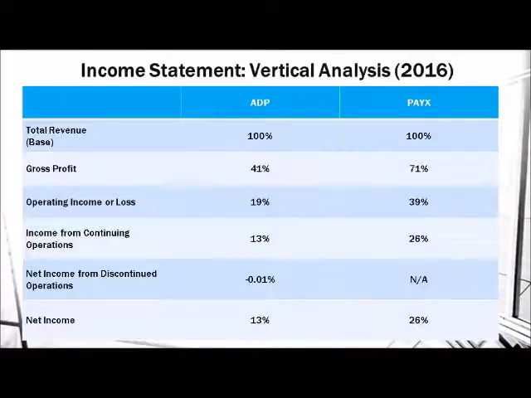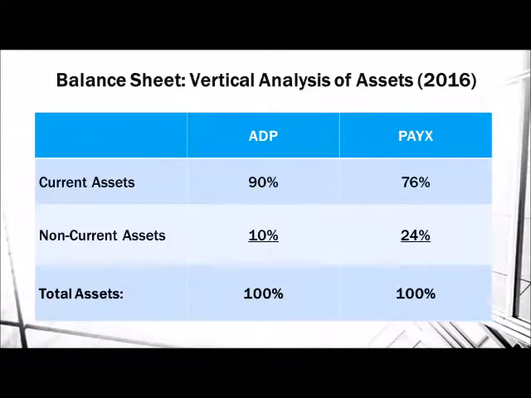Despite the gross profit and operating income being lower by 30% and 20% respectively, ADP's net income was approximately 13% lower than Paychex. On the vertical analysis of the assets of ADP and Paychex, ADP has more current assets than Paychex.